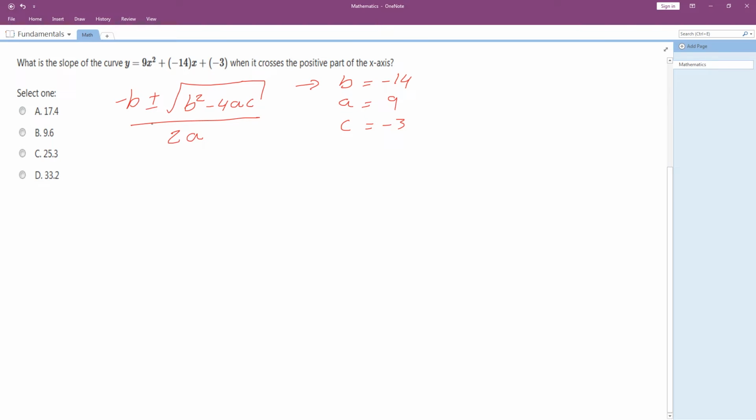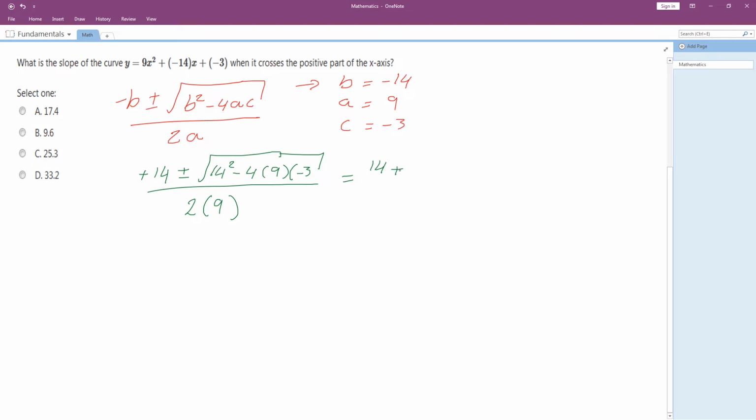Now we can just plug the values into the formula and find the roots. Sometimes there are none, sometimes there is one, sometimes there are two, but because we have a squared term, it's going to be positive and negative.